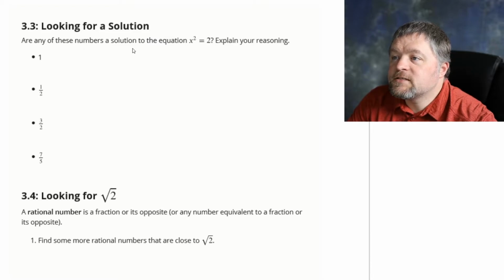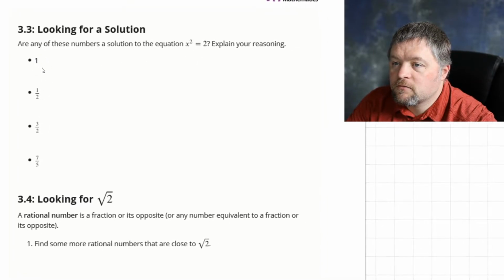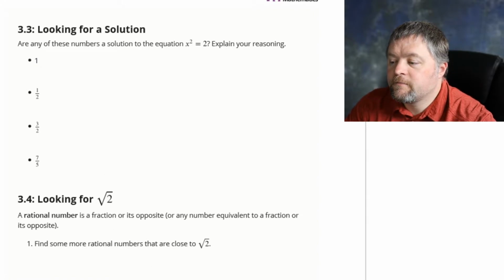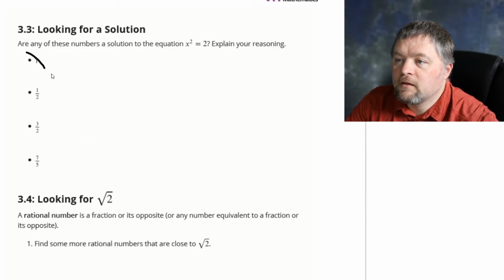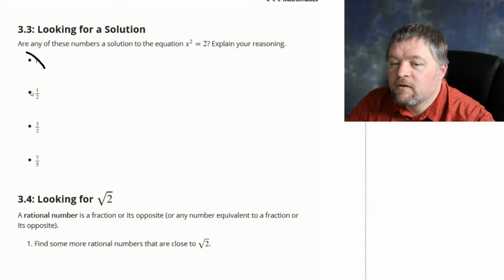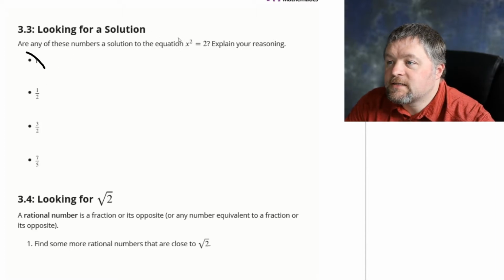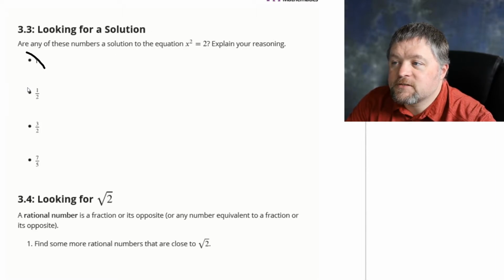Our next question is, are any of these numbers a solution to the equation x squared equals 2? Is 1 squared 2? 1 times 1? No. One half times itself, half of a half is a fourth.